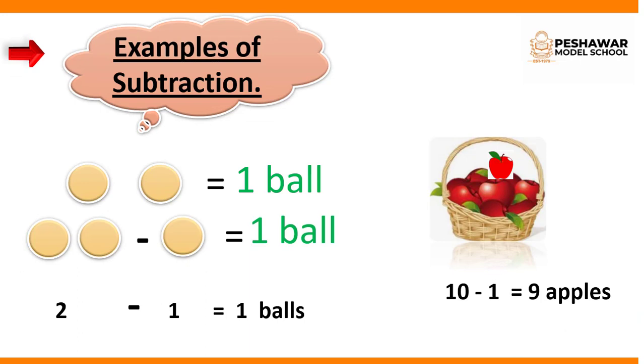Two balls are drawn here. If I erase one ball, how many balls are left? Let's count. Yes, only one ball. So by subtracting one ball from two balls, we get one ball. So 2 minus 1 equals 1.